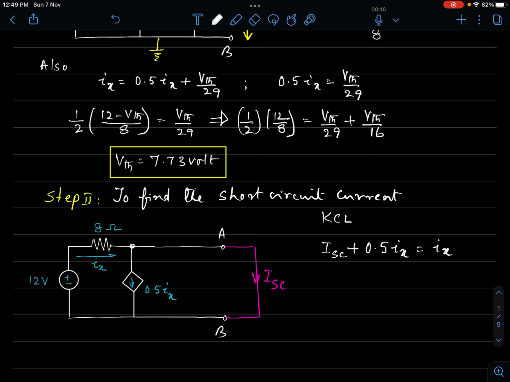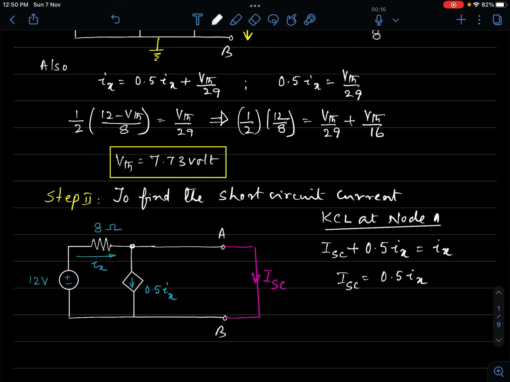That is simple KCL at node A. Or in other words, the short circuit current is equal to 0.5 times Ix.